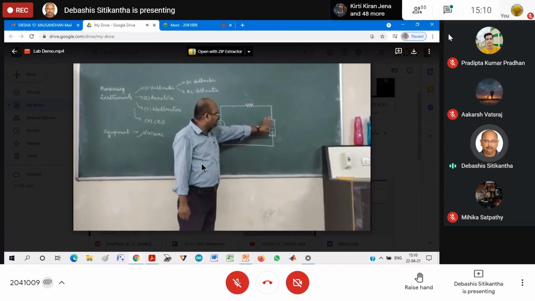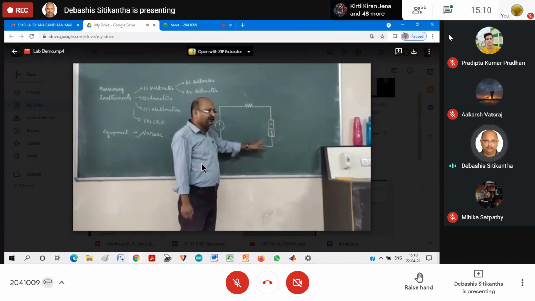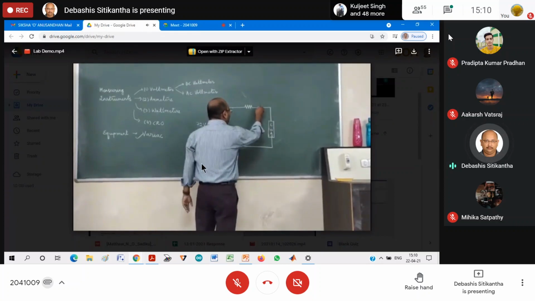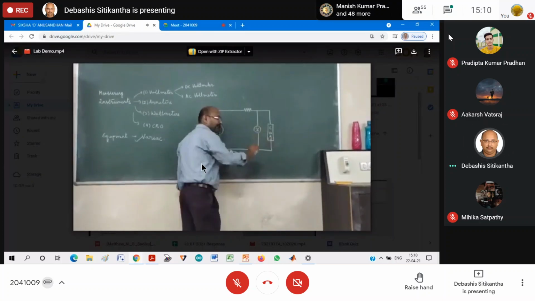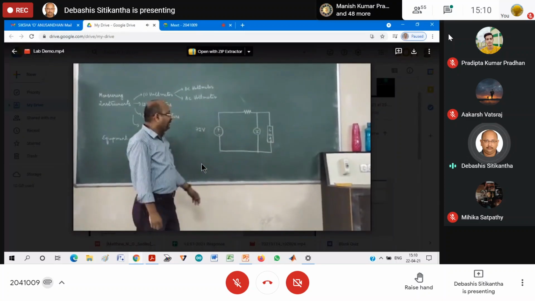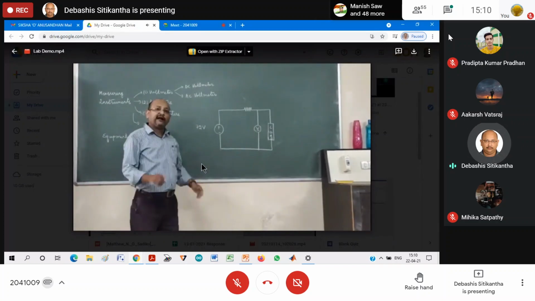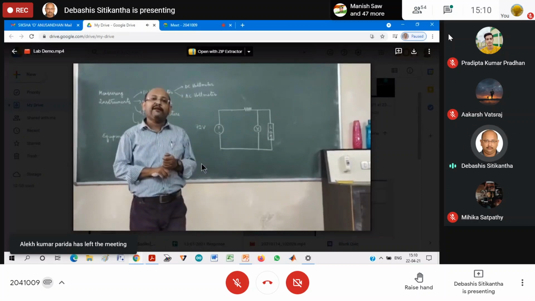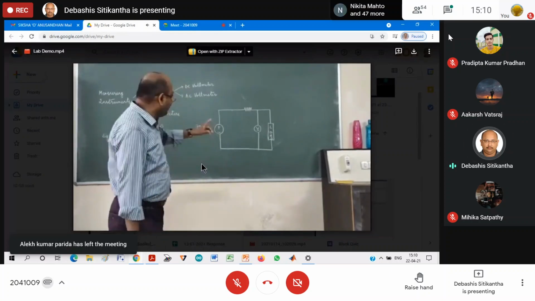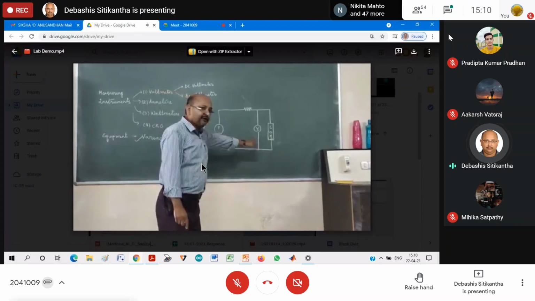If I want to measure the voltage across this load, then similarly I have to connect the voltmeter in parallel to the load. This is how I find the voltage drop across the load. So where I want to find the voltage drop must be specified, whether across the source or across the load.